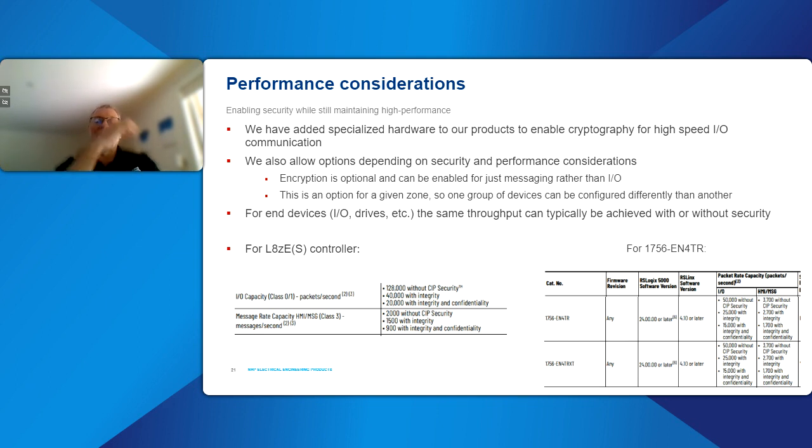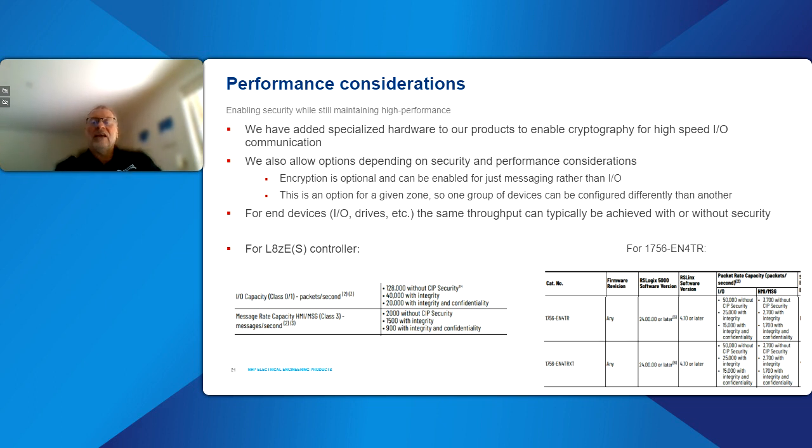When I turn on CIP security, after I've done the negotiations and the authentication checks, and now I'm using integrity on all the packets, I now halve my performance through that comms card. That's the overhead of adding the hashing algorithm.